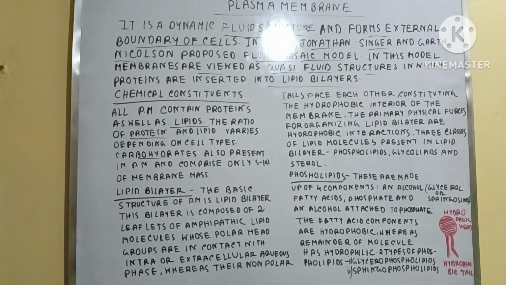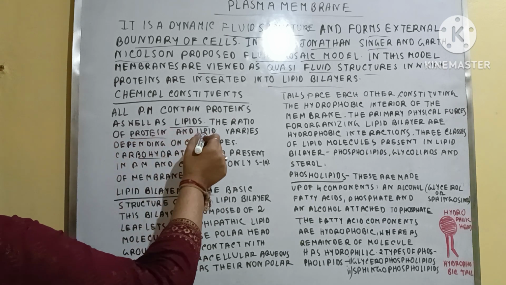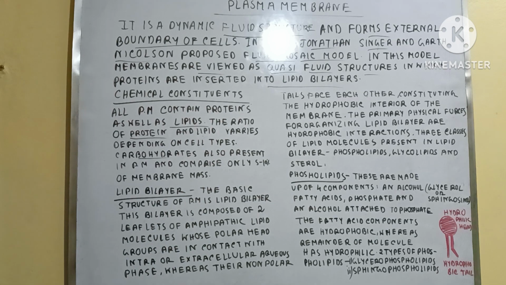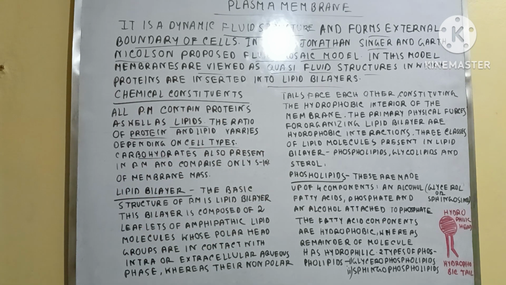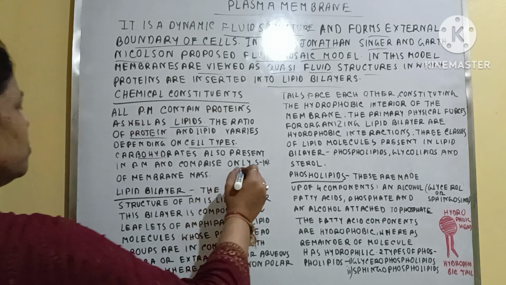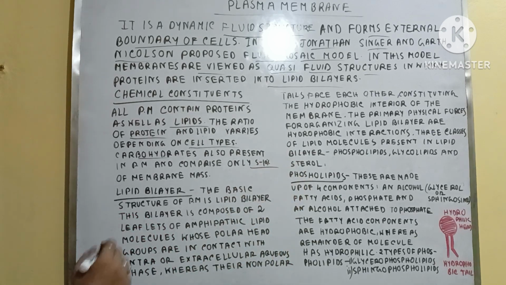The ratio of protein and lipid varies depending on the cell type. But the carbohydrate is present at 5 to 10% of membrane mass.